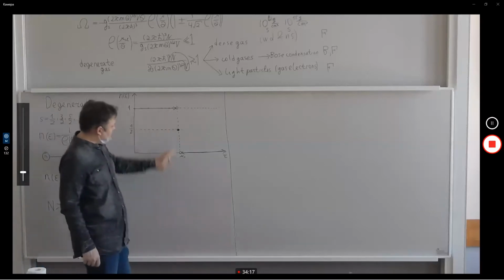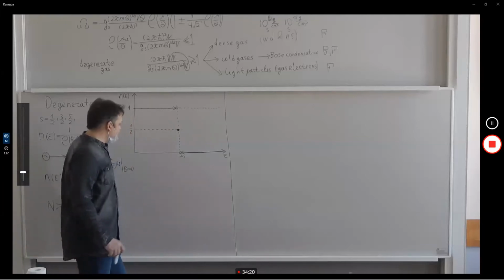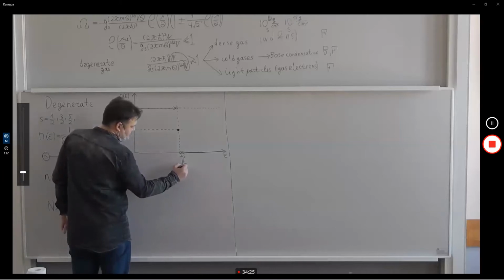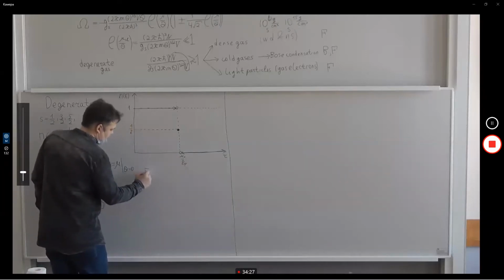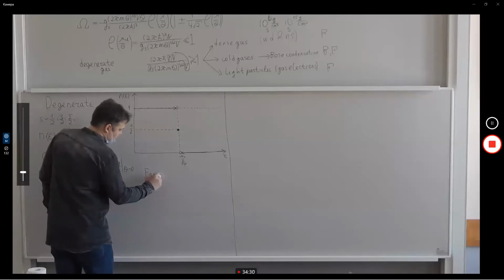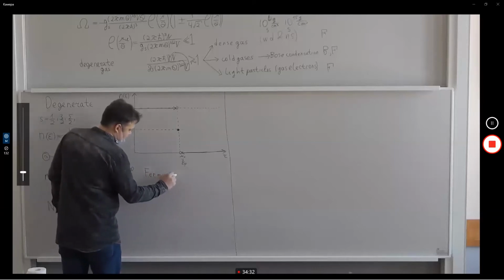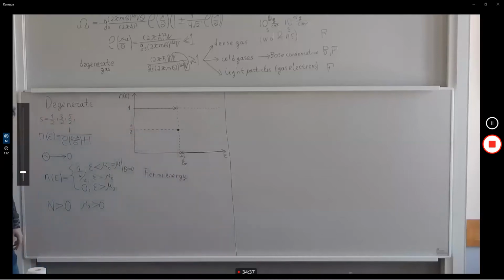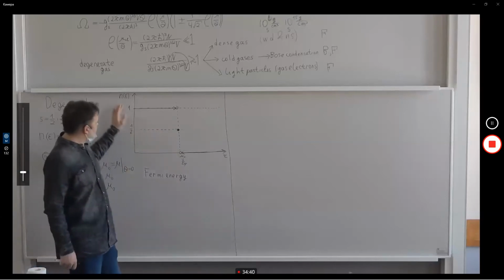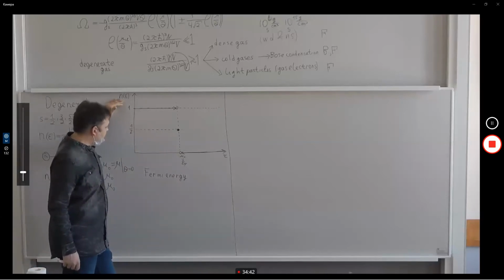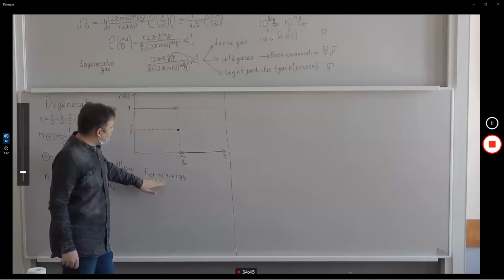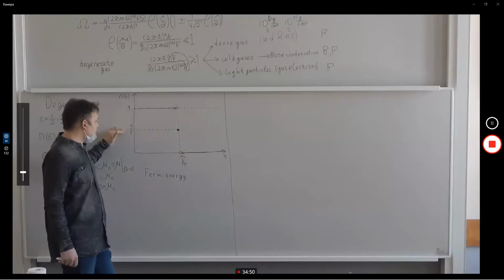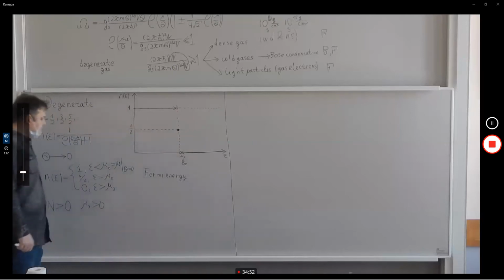In thermodynamics, the value mu sub zero is known as the Fermi energy. As we see, at zero temperature, Fermi energy is the energy of the state that has occupation number 1/2.